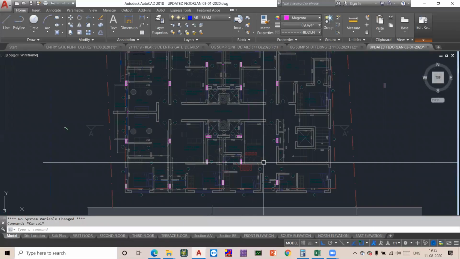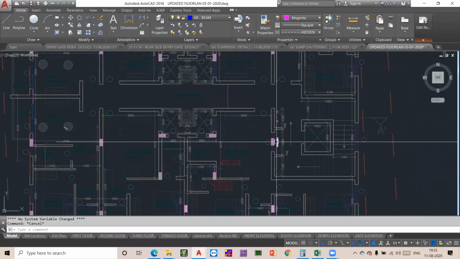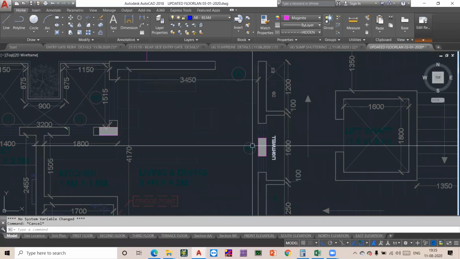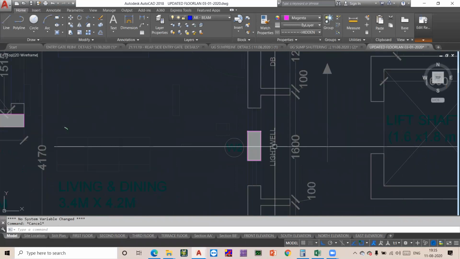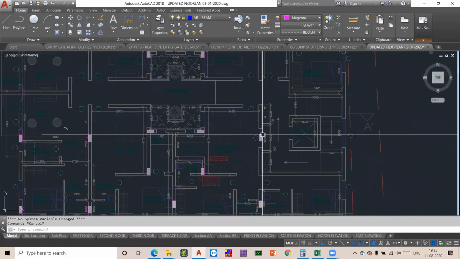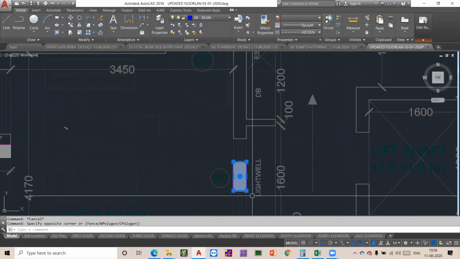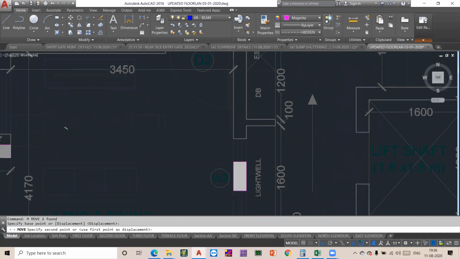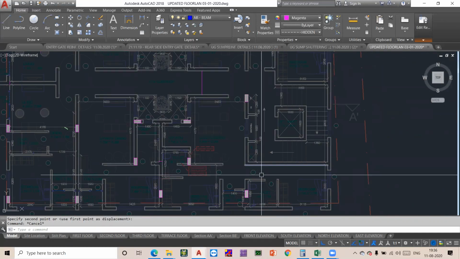Okay, and if you can notice here, this is a very big issue, where the column is happening right in the middle of your window, which is not at all acceptable. So what we can do here is bring it somewhere here. Fine.